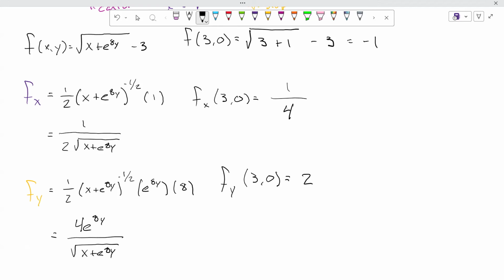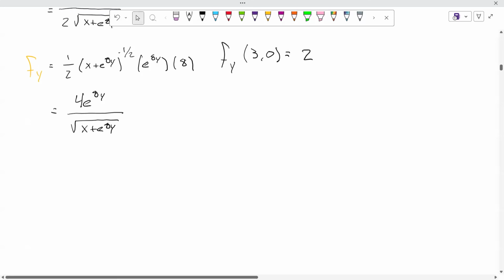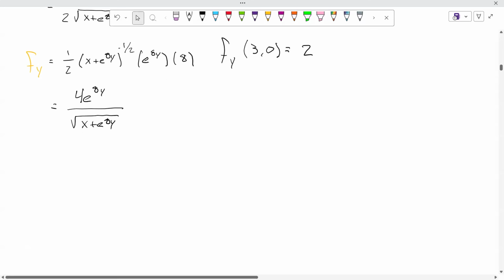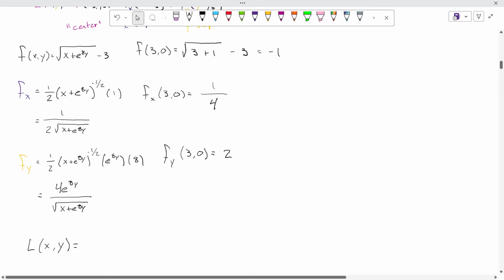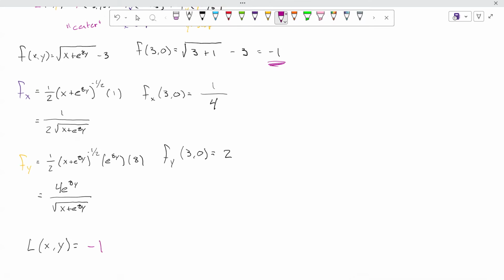And then what do we have next? I think we just need to assemble all of our pieces. I think at this point we have all of the parts we want. So I'll just write down my linearization again, L of x, y. It is some center value, which I think we said was going to be negative 1. Right, that was just the function value at the point.